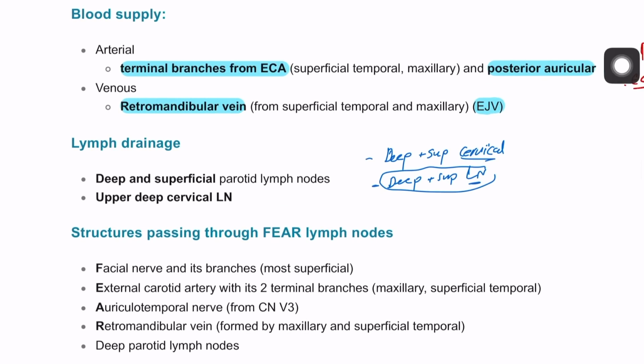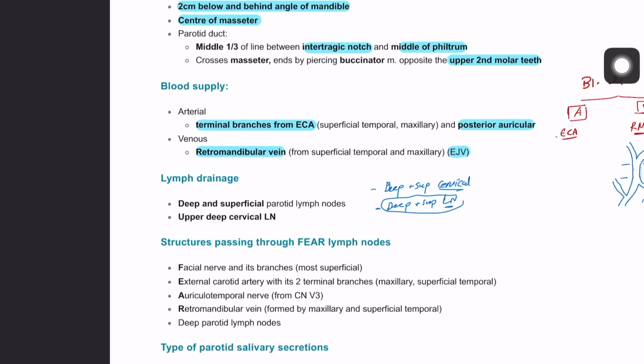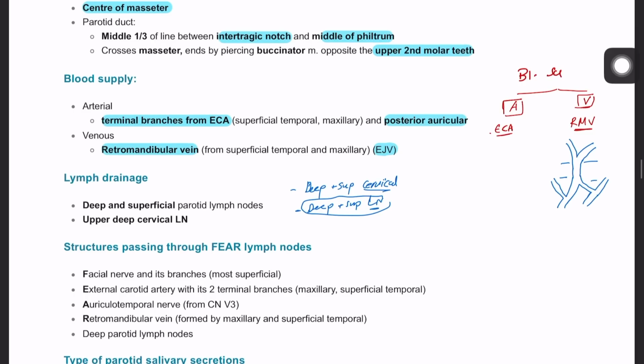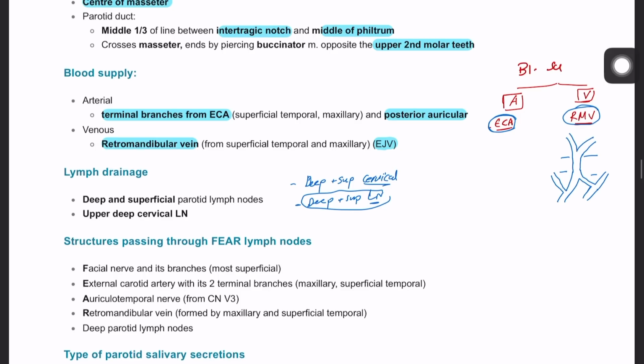Structures passing through the gland, we mentioned a few of them. If you remember, the retromandibular vein, that's one, and the external carotid artery, that is two. Of course we do have the facial nerve passing through the substance of the gland, and the auriculotemporal nerve, again passing through the gland, and you have the deep parotid lymph nodes there as well.